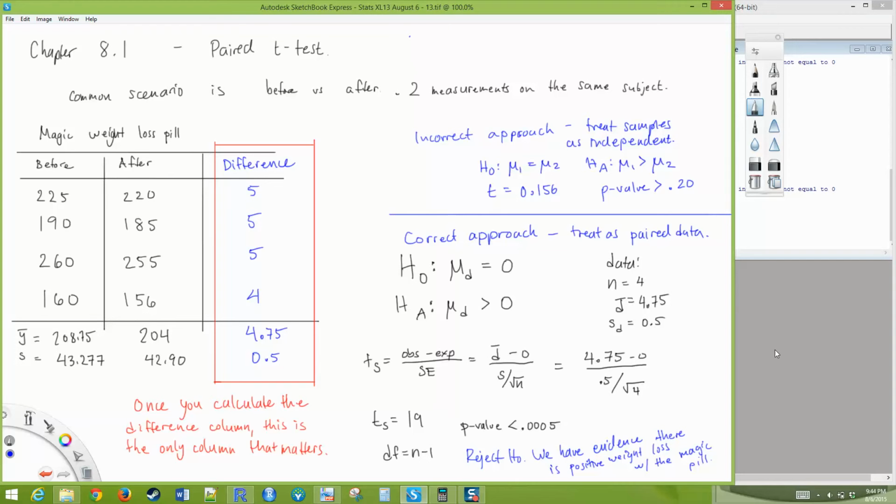So paired tests are good. The rest of Chapter 8 is all about paired samples. We're actually going to skip over the rest of that. You can look at it, but you don't have to. I'll mention it a little bit more next week when I wrap up Chapter 7.